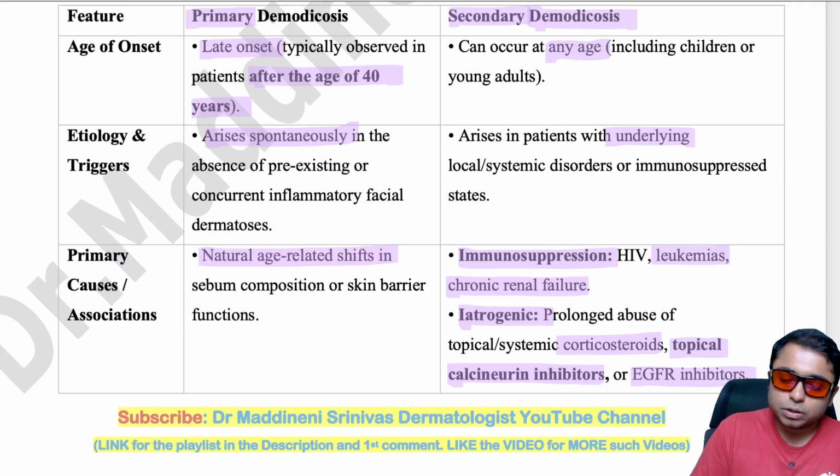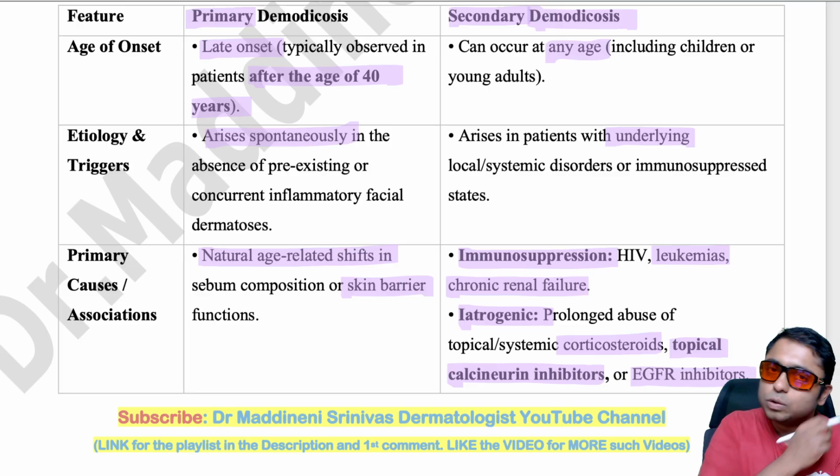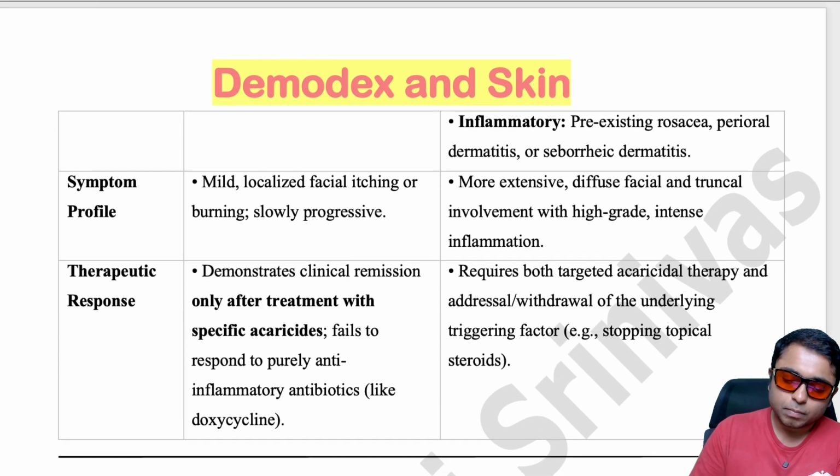Primary, it is a natural age related shift in the sebum composition or the skin barrier function. So because usually in the later age there is going to be a problem in the barrier function, so that is also going to play a role in the primary demodicosis, right?